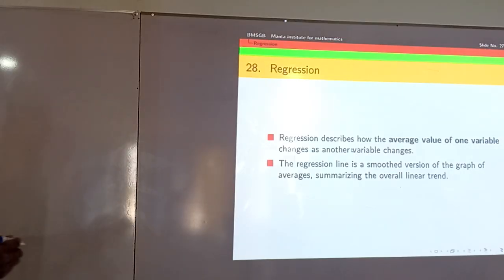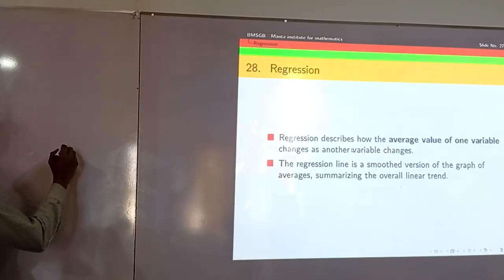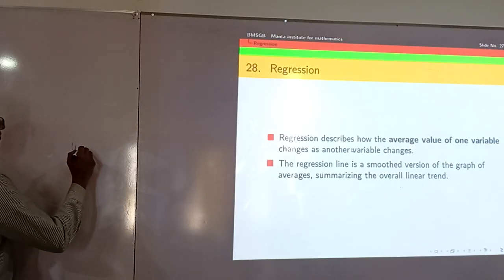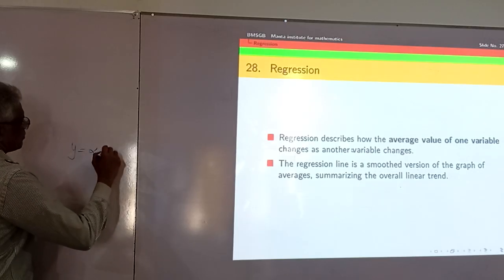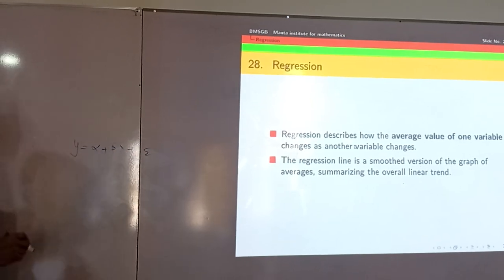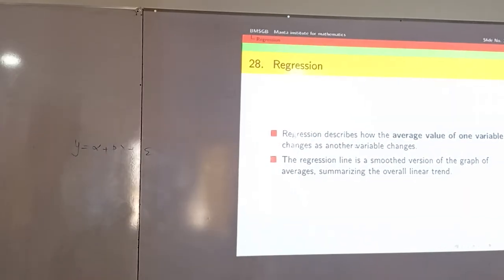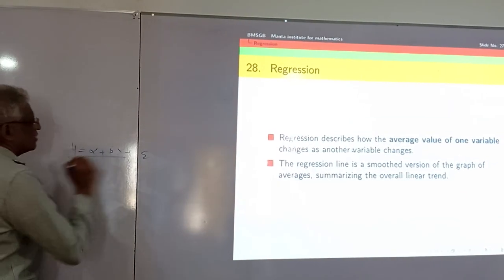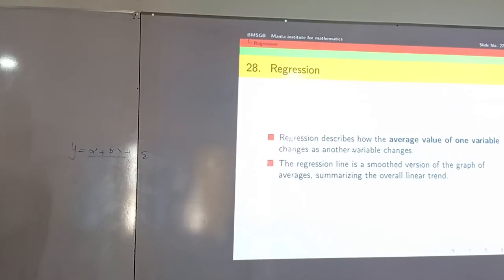Right? So in simple linear regression, we consider the model y is equal to, say, alpha plus beta x plus some error always, because the points are not always going to be on a line. This is the line, right? But the points are a little bit above or below the line, therefore there is error. That's the simple linear regression model.